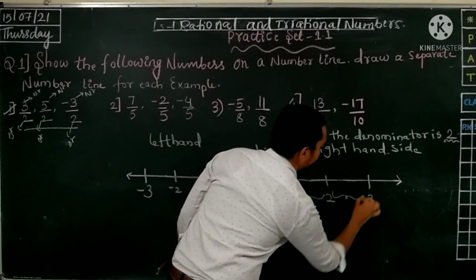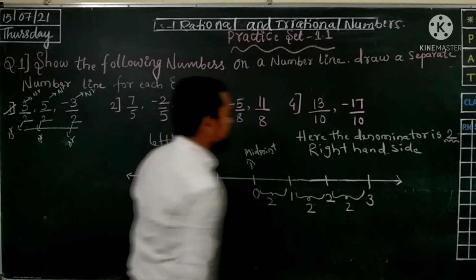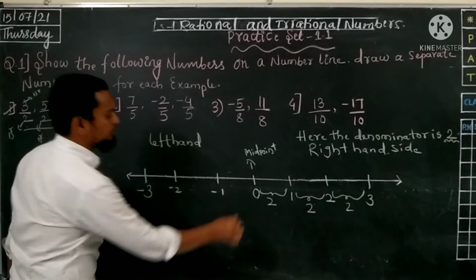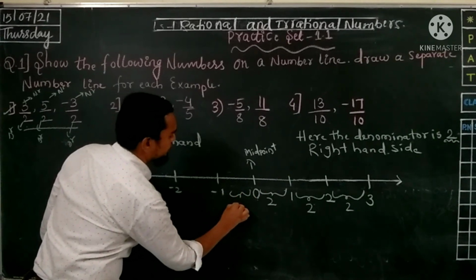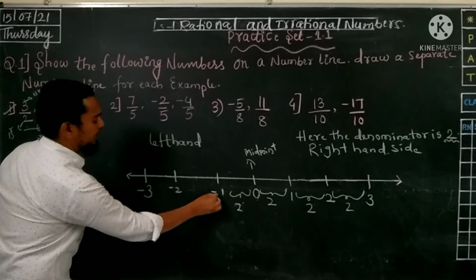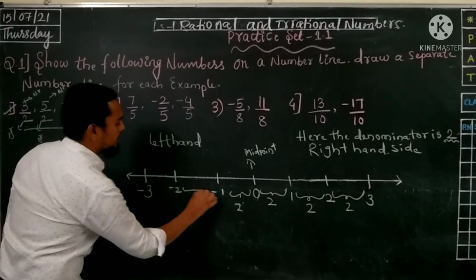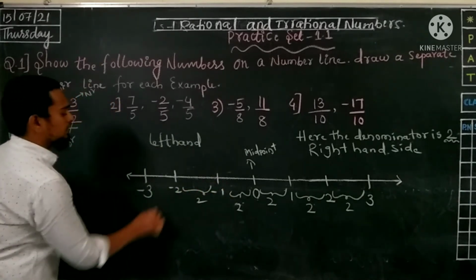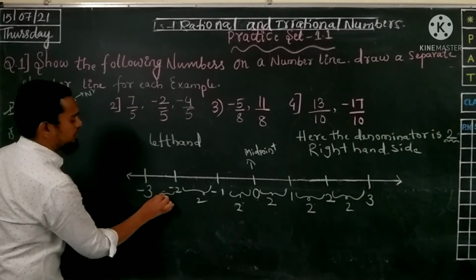Also the difference between 2 to 3 is 2. On the left hand side, the difference between 0 to -1 is 2, between -1 to -2 is also 2, and between -2 to -3 is also 2.